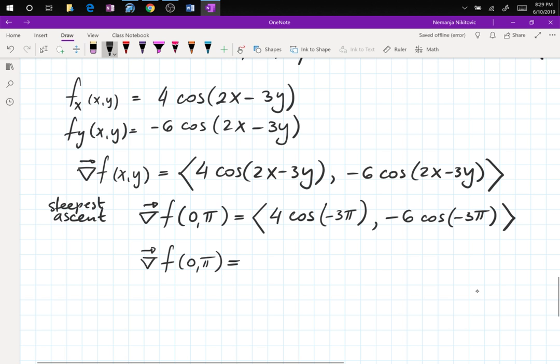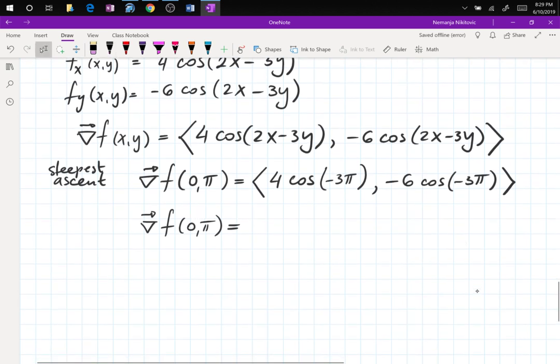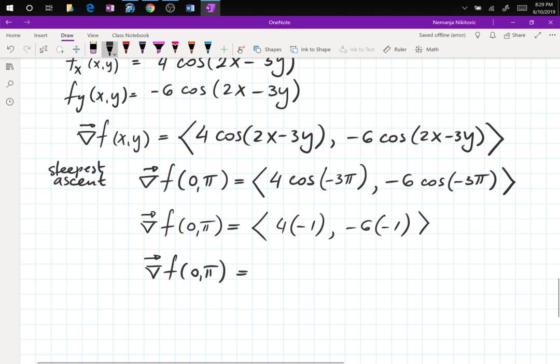Now cosine of negative 3 pi. What's the value? Is the same as cosine of 3 pi. What's the value of cosine 3 pi? Very good. So that's 4 times negative 1, and then negative 6 times negative 1 to give us the steepest ascent at 0, pi to be negative 4, 6. This is a vector. It shows the direction, right?